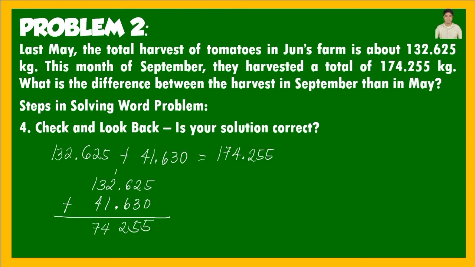And then bring down 1. So our answer is 174.255, which is equal to our answer. Okay, so 174.255. So tama po tayo na ang sagot is 41.630 or 41.63 kilograms. Chinek lang po natin sila kung tama.